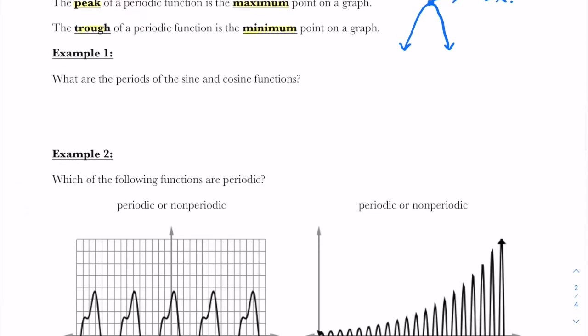So with that being said, in example 1, we're asked here to define the periods of the sine and cosine functions. You should have discovered this in lesson 1, but let me reiterate here for clarity. Both the sine and cosine functions have a period of 360 degrees.